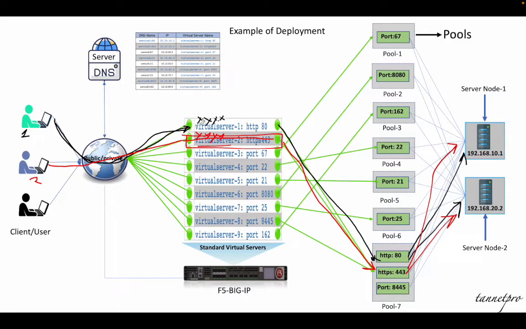Another thing is that each virtual server comes with an IP address. I have given a few examples, and that will be bound to the virtual server name, and you can make an entry in the DNS so that users can get resolution from here. It should be an entry like service1.com, www.service1.com, with the virtual server IP address.